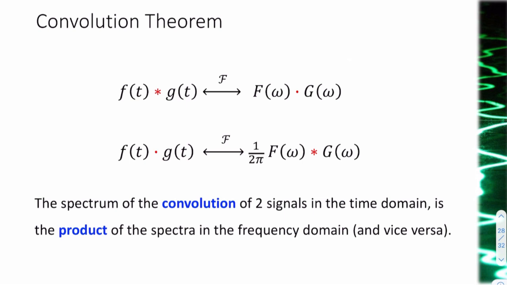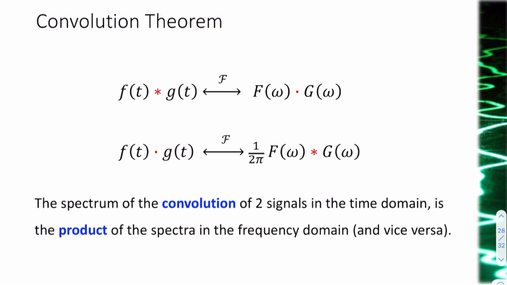And the opposite of that is also true. If you take two signals in the time domain and you multiply them, then the Fourier transform of that will be the convolution of the two spectra. And there's a factor of 2 pi there. So the spectrum of the convolution of two signals in the time domain is equal to the product of the spectra in the frequency domain, and vice versa.